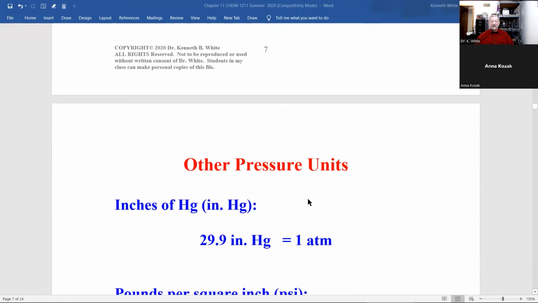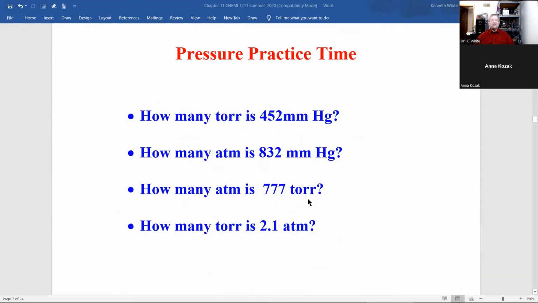So you know what that means? It's pressure practice time. And let's look at a couple of these. Let's look at the first one. How many torr is 452 millimeters of mercury?